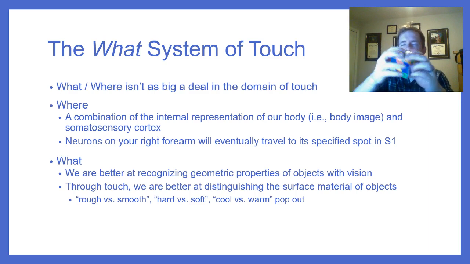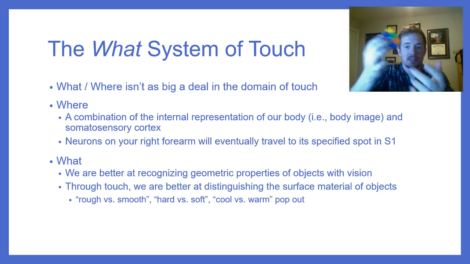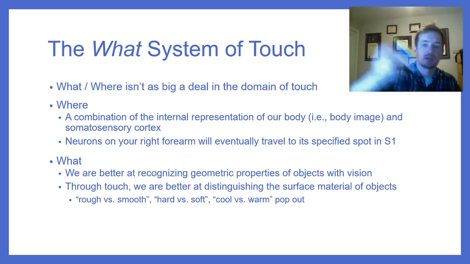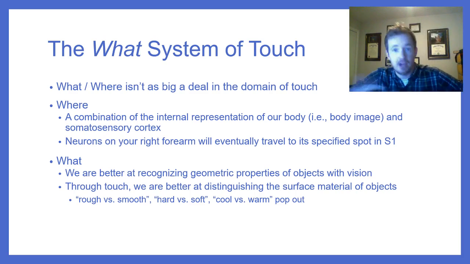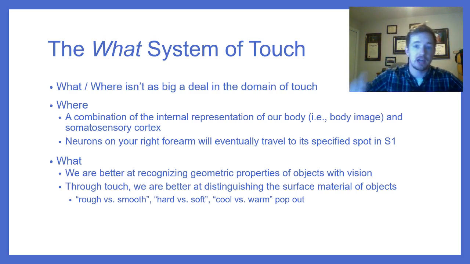You would feel it, and you'd probably come to a pretty close guess that this is a Rubik's Cube or a puzzle box or whatever. But most things are not as immediately identifiable as this, right? If I gave you a cup, you could look at a cup and immediately tell me what it is. With touch, you'd have to move around it, feel on it a little bit to come to your conclusion.